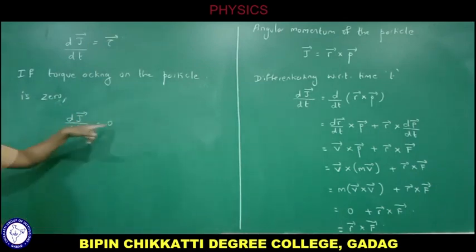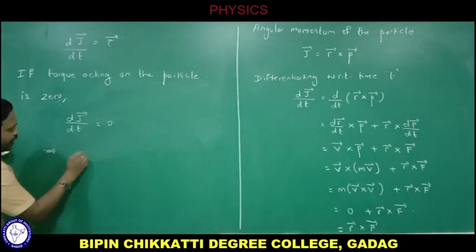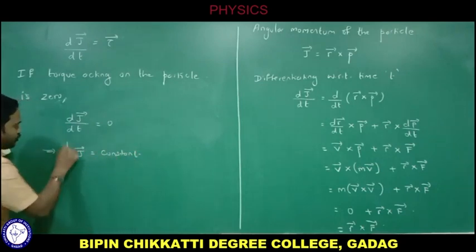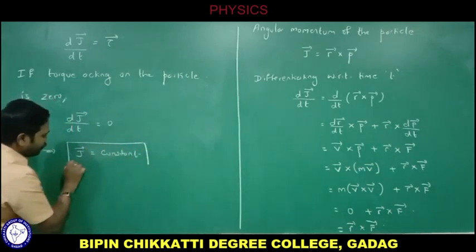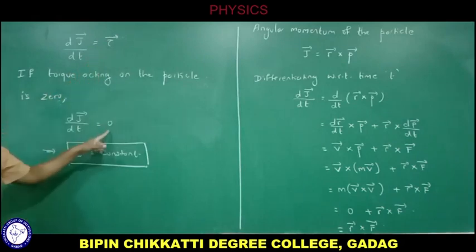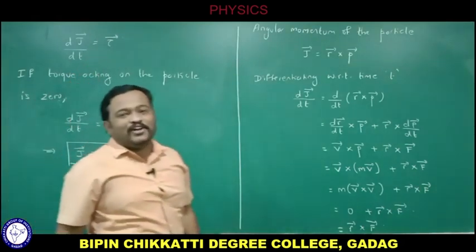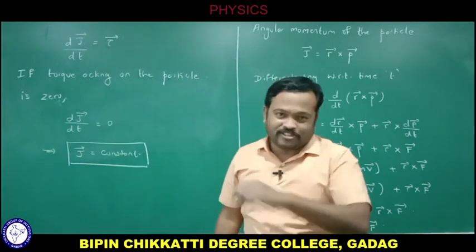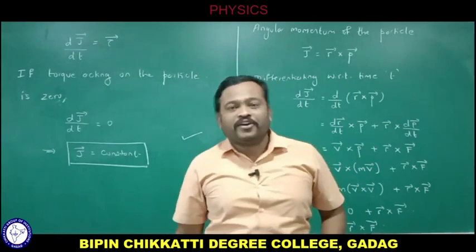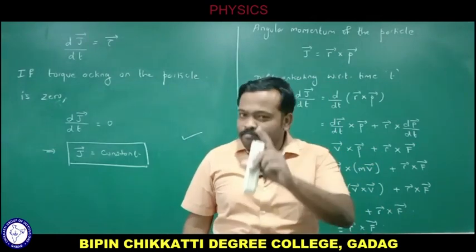If differentiation of something is 0, then that something must be constant. Do remember, differentiation of something being 0 means that something must be constant. So when torque acting on a particle is 0, angular momentum remains constant. This is the proof for the law of conservation of angular momentum.